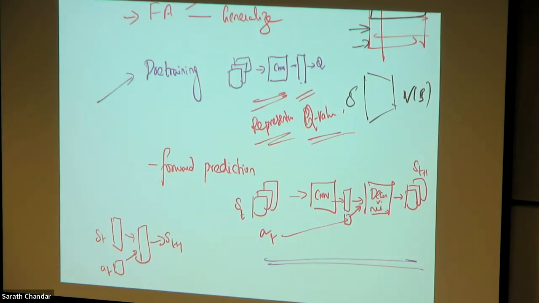Now you learn a representation using these transitions. Then you can use the CNN that you learned to initialize the CNN that you see here, in the actual DQN. So this is the idea of pre-training.